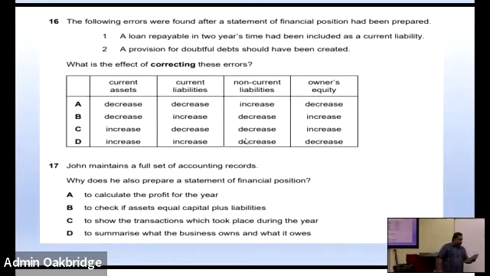Look at current liability decrease, which is the answer? A and C. So B and D definitely wrong. It has to be between A and C. Provision for doubtful debts should have been created. Should have been means they never created. So now they're going to create.